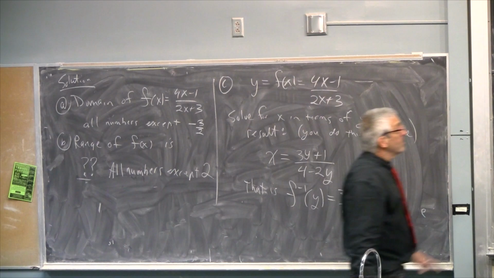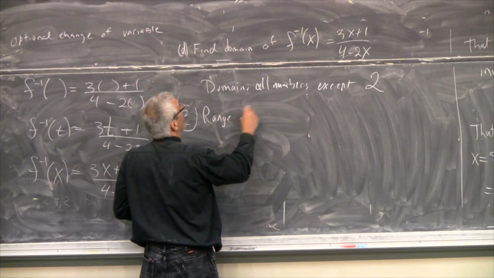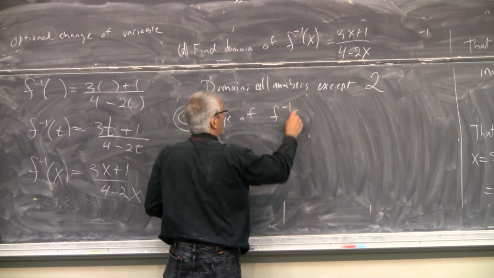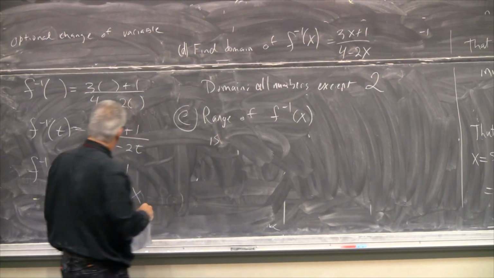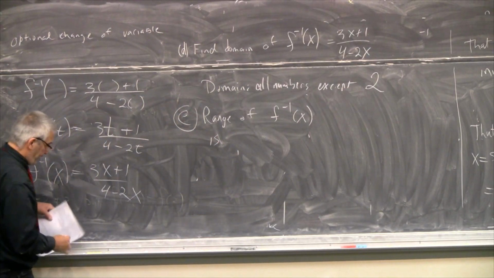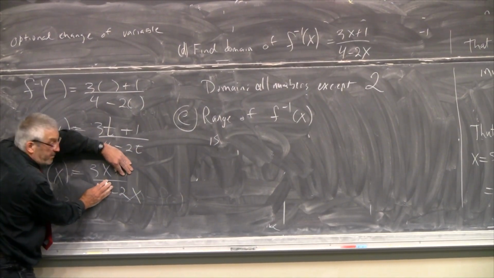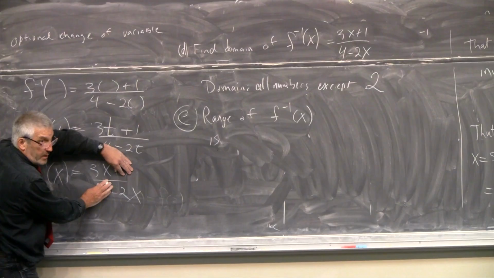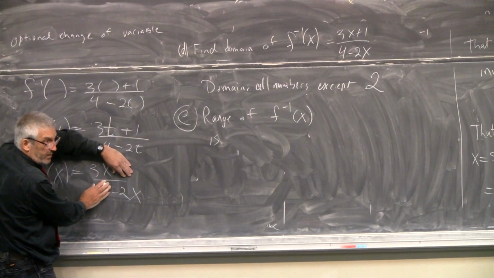Now look at this. Let's go back to E. What's the range of F inverse? Well, I've got to look at this and think, well, if this expression were 3x over minus 2x, my y value would always be negative 3 halves. That perfectly nice fraction would give me y values of negative 3 halves.